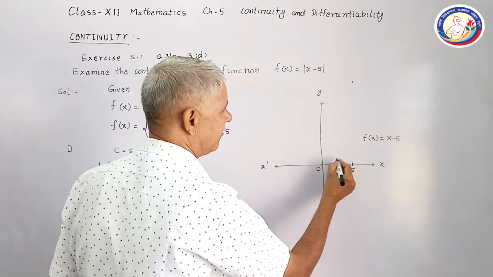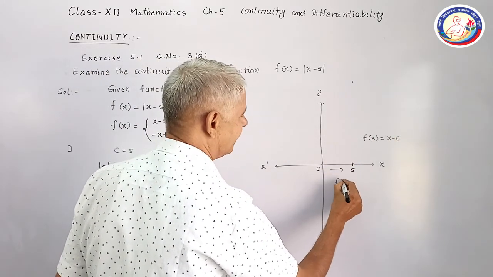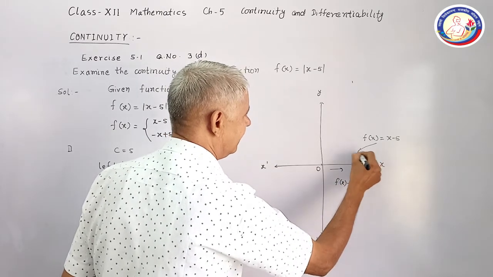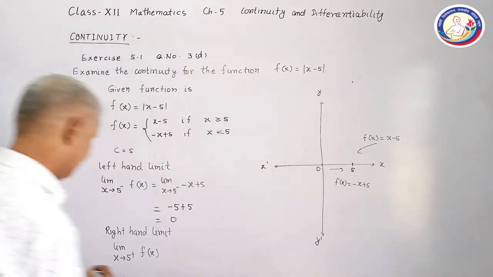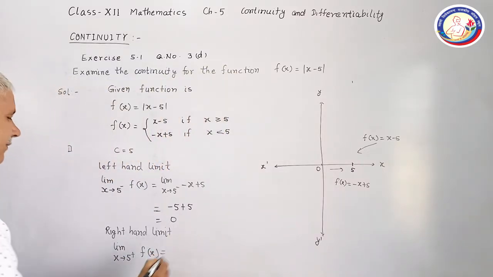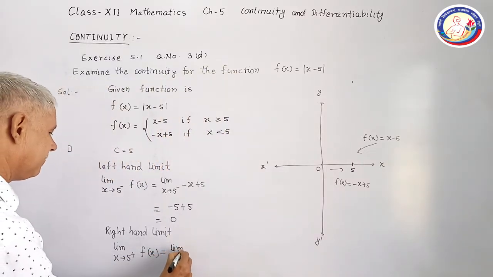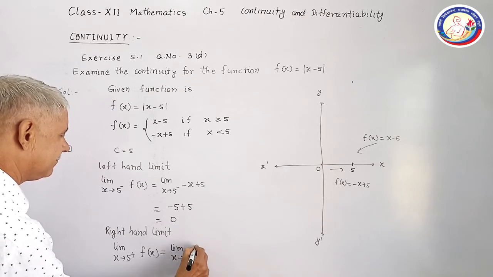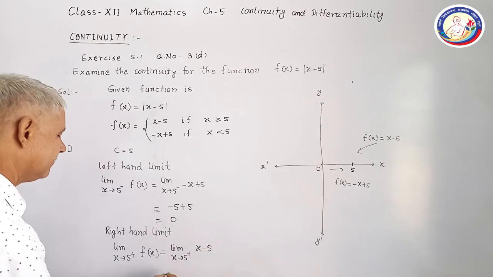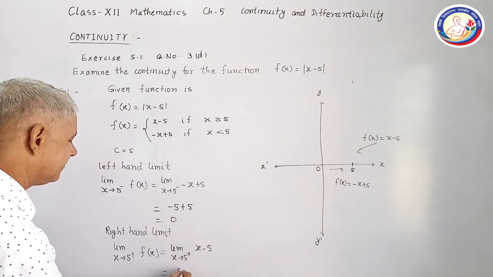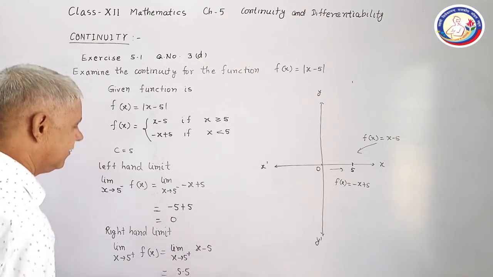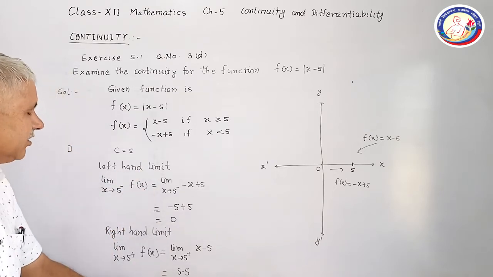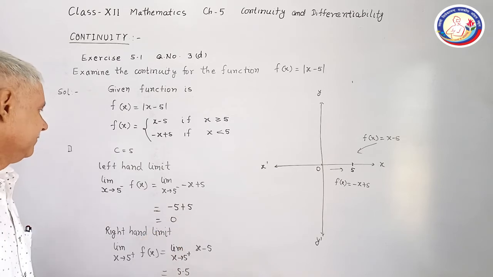And if we approach from this side, the function is minus x plus 5, and from this side, it is x minus 5. Again, left hand limit and right hand limit are equal. So the limit exists here and it will be equal to 0.